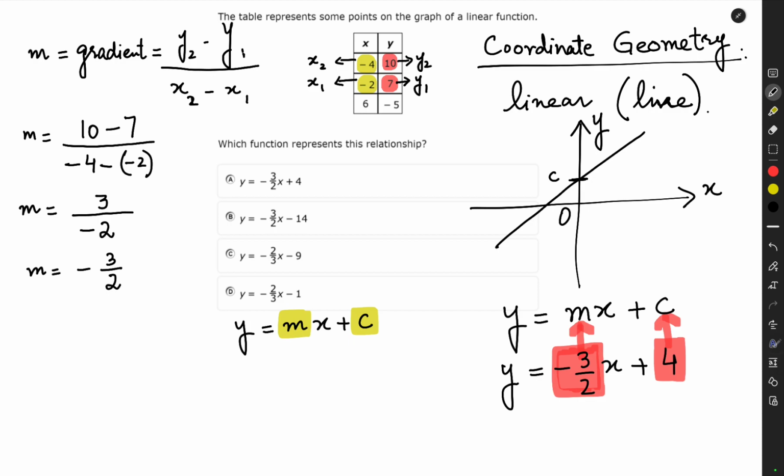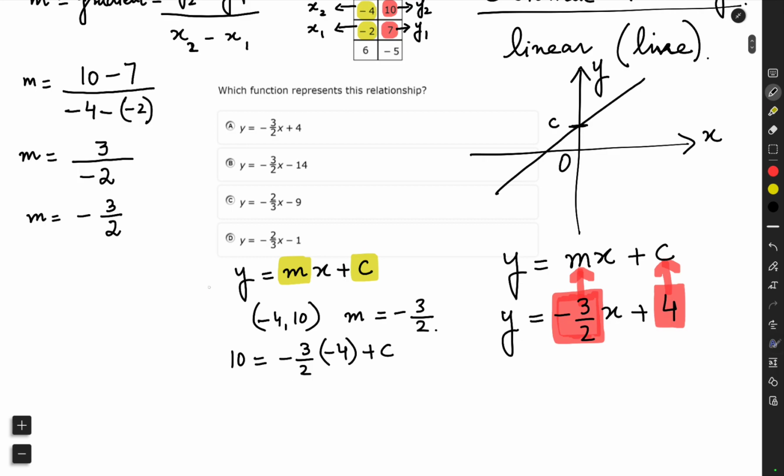Alright. So if I want to find the value of c, I just need to replace a point from the table, any corresponding point. For example, if I take -4 and 10, the point, and the value of m is -3/2, I'll just replace it here. 10 is equal to -3/2, x is -4, plus c.